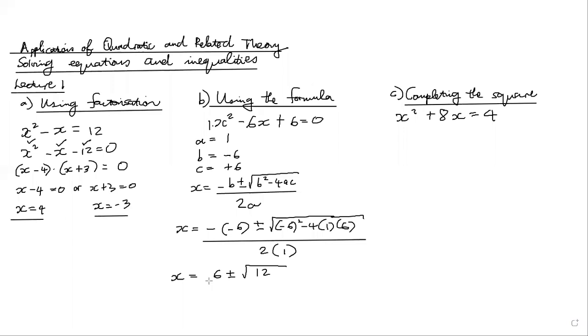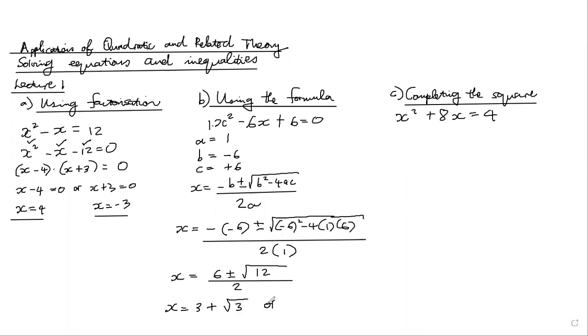Now, we can write the answers in surd form, which the examiner could ask for. So in which case, it would be 6 over 2 is 3. And the square root of 12 over 2 should be square root of 4 times 3, which is 2 square root 3 divided by 2, giving us square root 3.